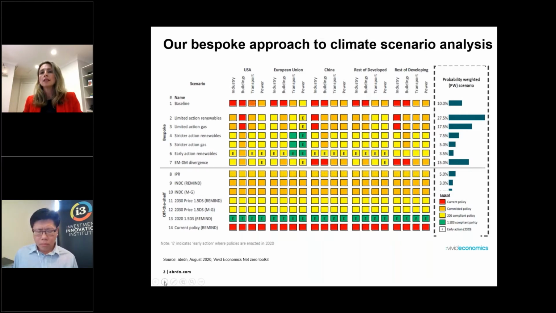That's really the depth of the modelling that's important in terms of translating that into investment risk and opportunity, or where the climate winners and losers are. So it's the depth of modelling at the company level that is really important for the output.